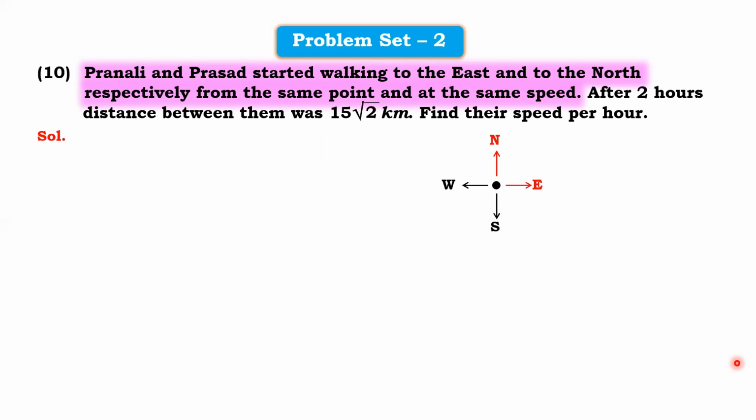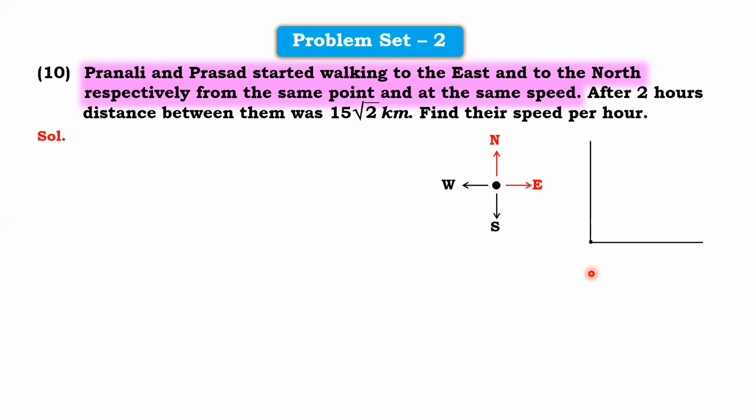Pranali and Prasad started walking to the east and to the north from the same point. So let us say this point is the origin. Both of them started walking at the same time from the same point, and the speed also was same. So here this is the north direction and this is the east direction.